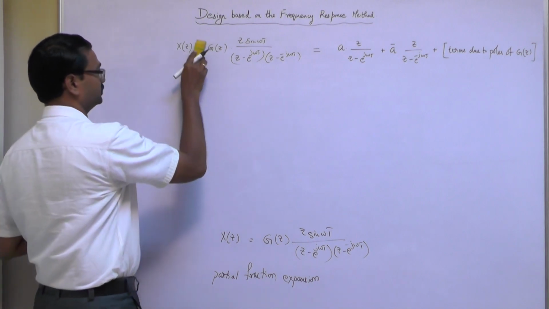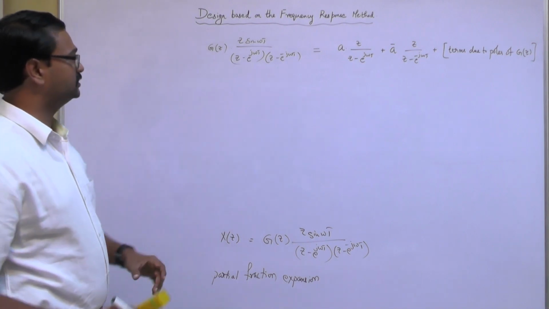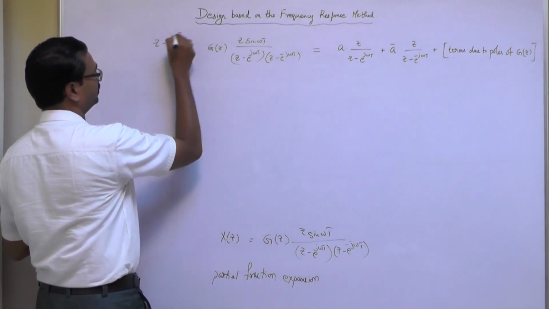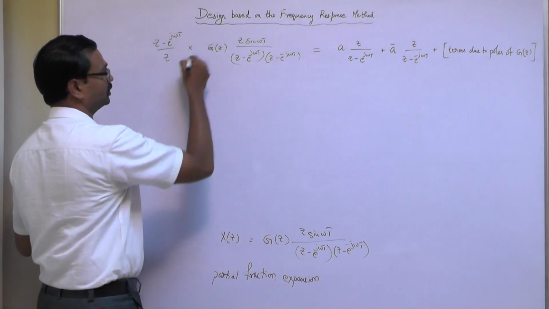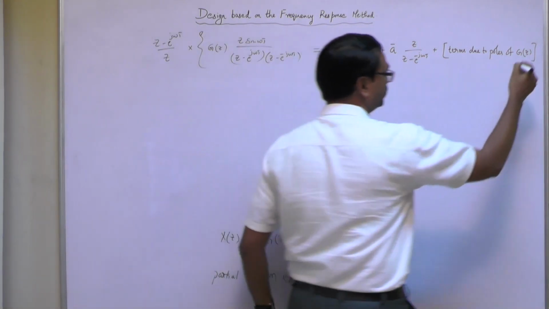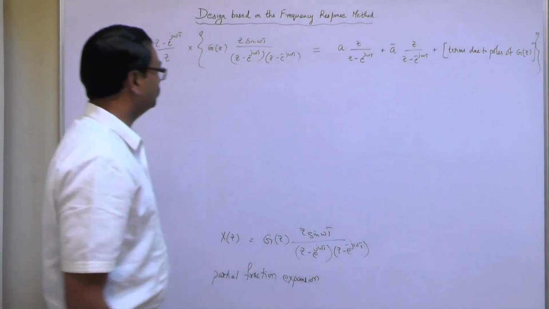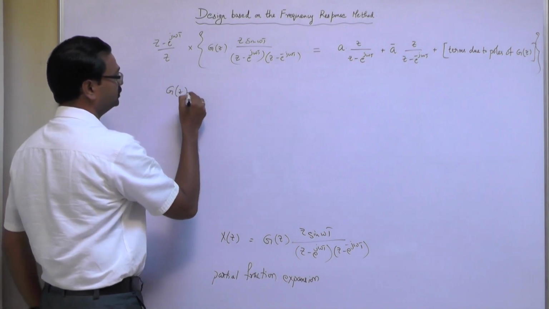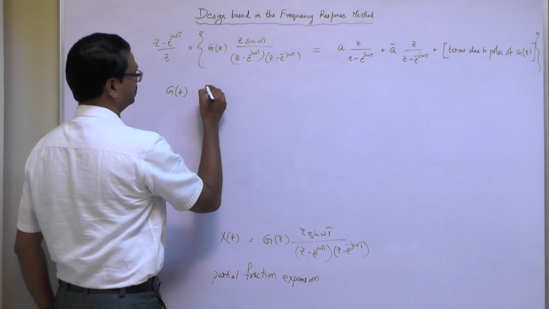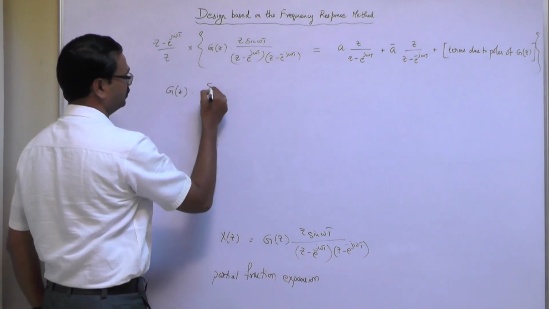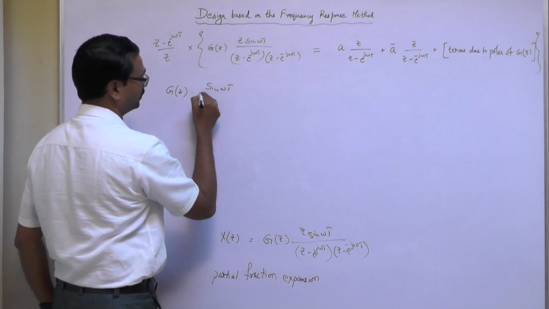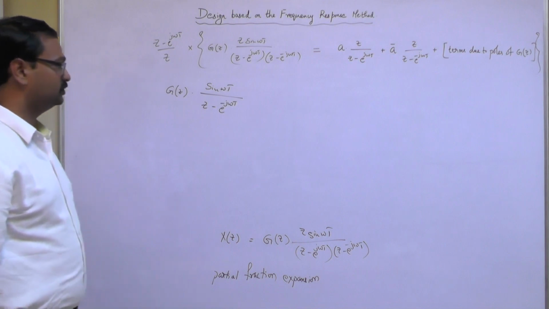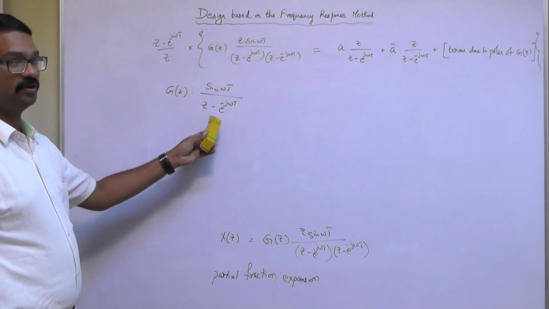Now consider this equation and multiply throughout by (z minus e power j omega t) by z. When you multiply the entire equation like this, on the left hand side g of z into z, and z gets cancelled, and z minus e power j omega t is cancelled. Therefore the left hand side becomes g of z into sine omega t by (z minus e power minus j omega t).